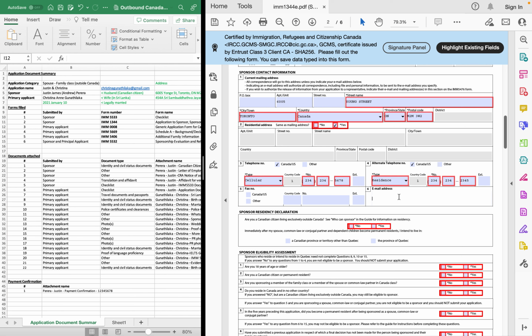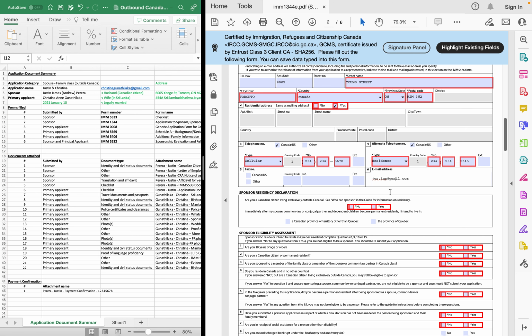So we'll say the email ID is justinp at gmail.com. Okay. So now that's also filled.